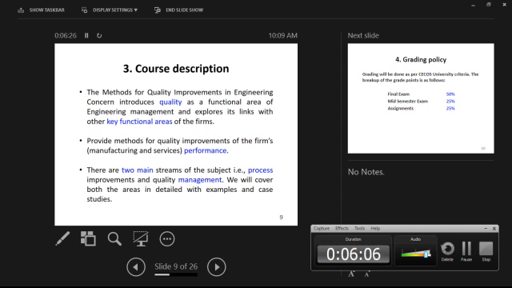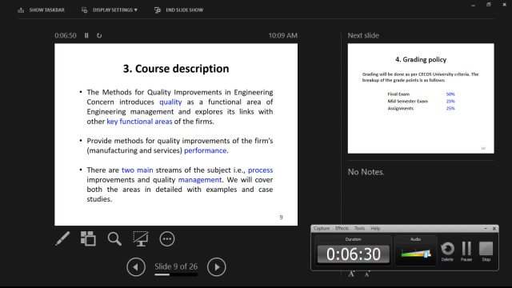Quality management is the management which the industry does to control the quality, right? For example, the industry introduces or adds an inspection process after all production, to check whether the product is okay or not. So this is the quality management department.